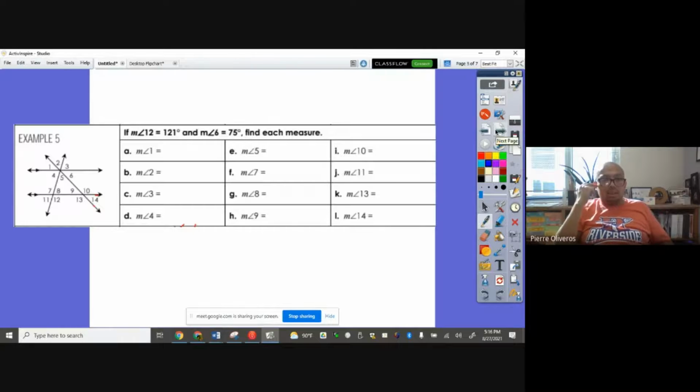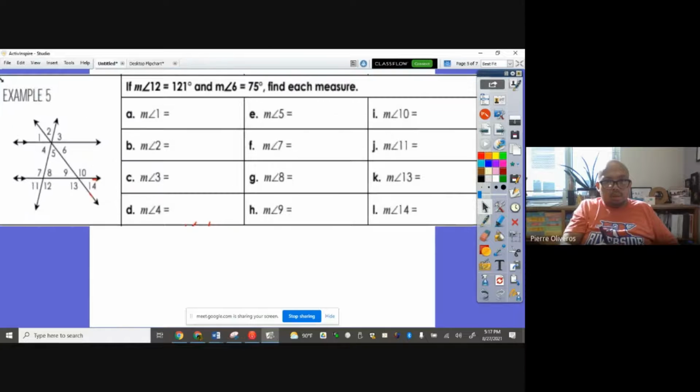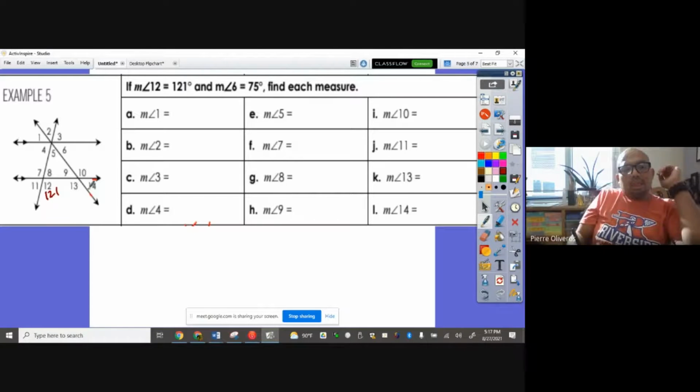Next, let's do example number 5 here. We know that angle 12 is 121. Let's try to make this bigger. All right, there you go. Angle 12 is 121. So take note, you have to pay attention with the parallel lines. Okay, these are the parallel lines.